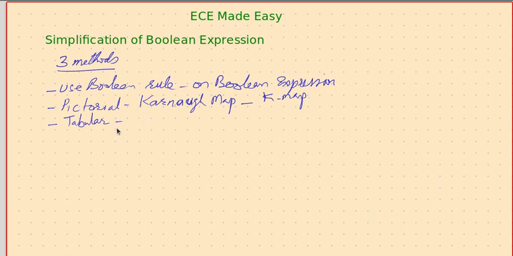There we can convert the problem into tabular form, and then devise an algorithm such that tiny operations are performed in each step, and these steps are repeated again and again till we get to the final solution. So that's the machine friendly way. This is the human friendly way. So K map is a human friendly method of working, and tabular is machine friendly.